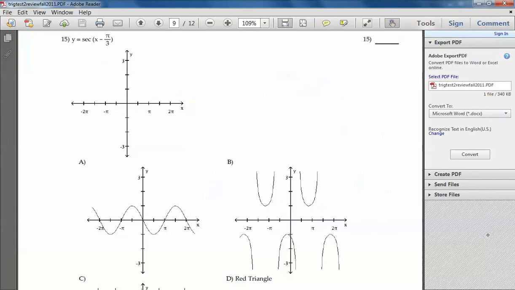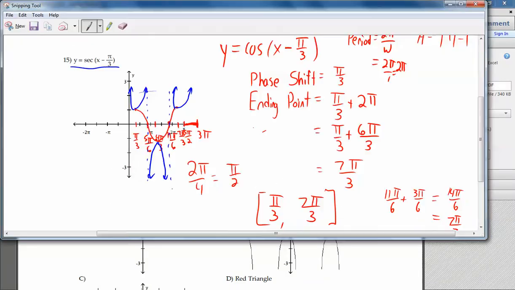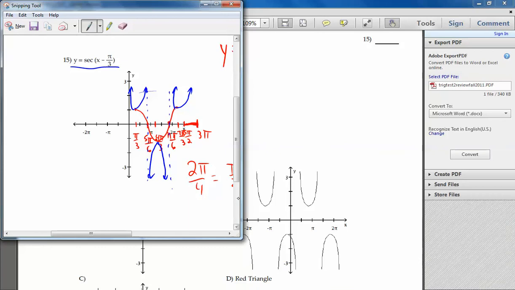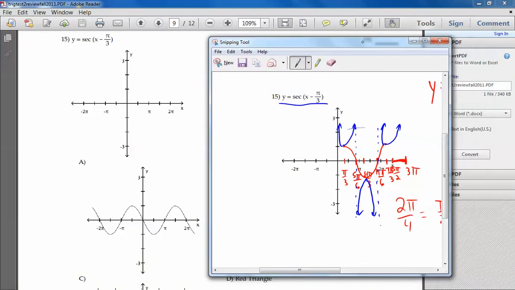So let's compare that to what we have for our choices. The blue part of the graph looks nothing like A. Not only is this not secant, it's not even cosine.